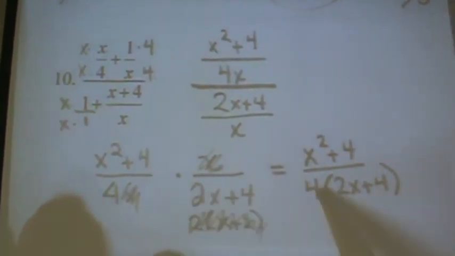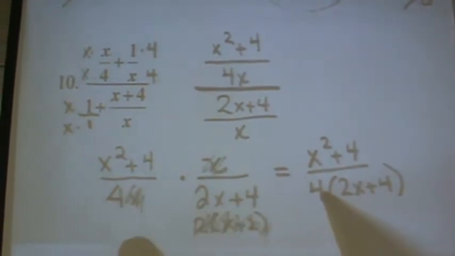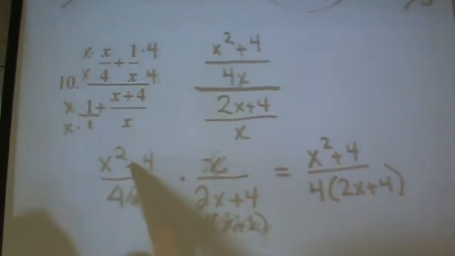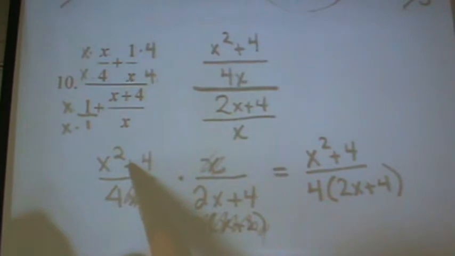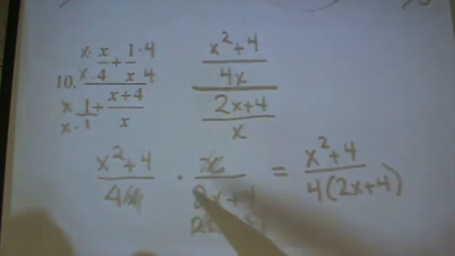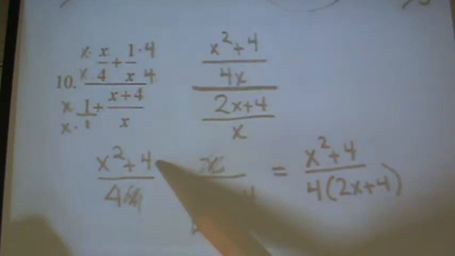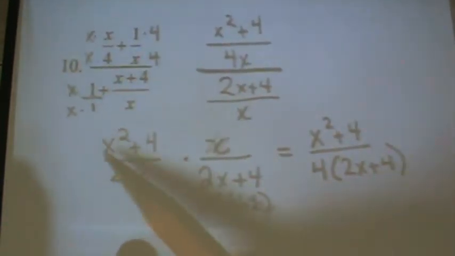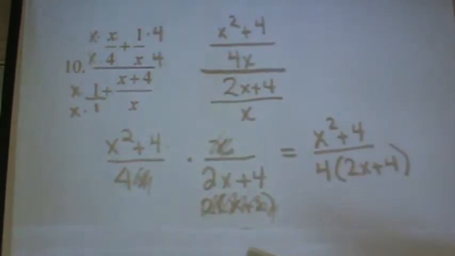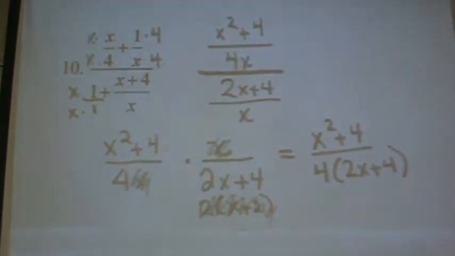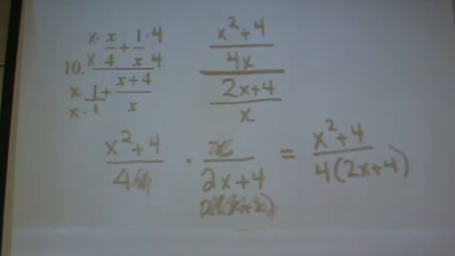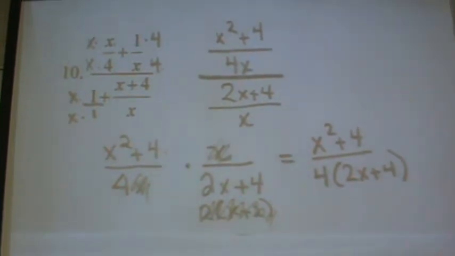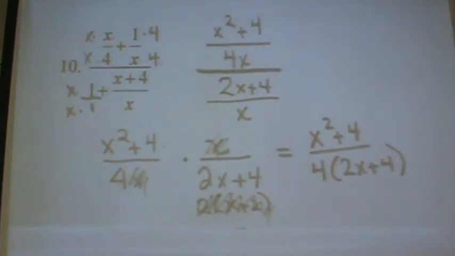So we have 4 left in this 2. If this was a minus sign right here, we could have factored it and then canceled those out. But I knew that this was not factorable, so I didn't waste my time pulling this 2 out, because I knew I wasn't gonna be able to cancel a factor out, a product, because it wasn't gonna cancel. So if you kind of think ahead, after doing a lot of these, you'll start to see that.